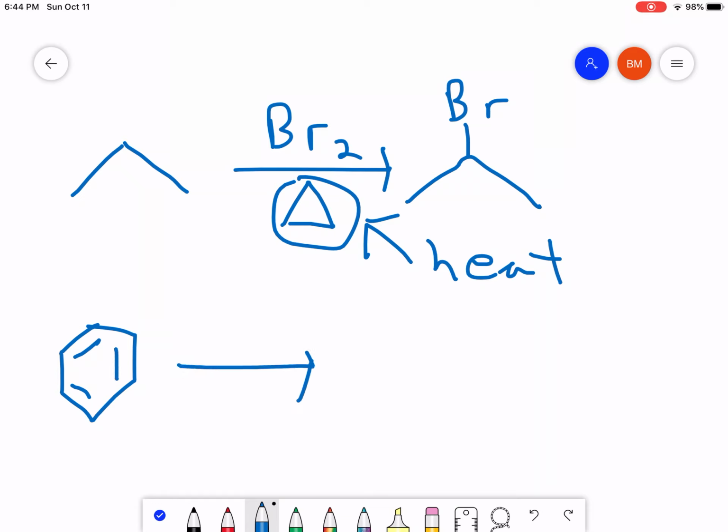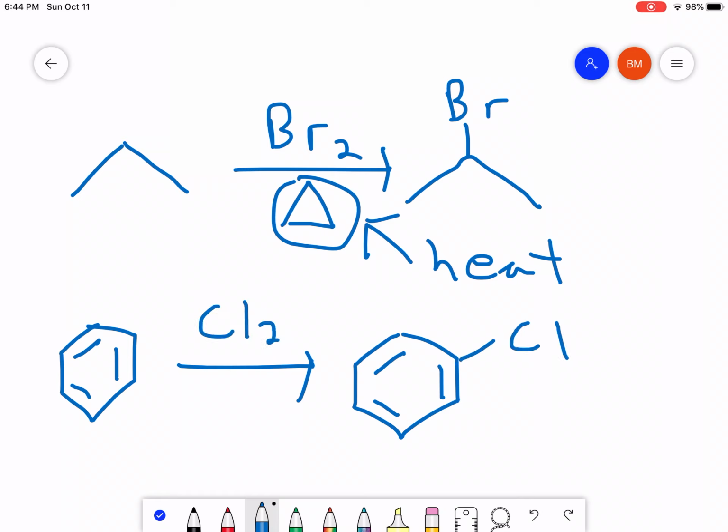This is benzene, and we mentioned aromatic compounds when we looked at IR spectroscopy. We learned that we can put stuff on benzene rings, such as a Cl. Well, we need a source of the Cl as a reactant, that's Cl2. We also need a catalyst for this one. It will not work without a catalyst, and that is FeCl3.